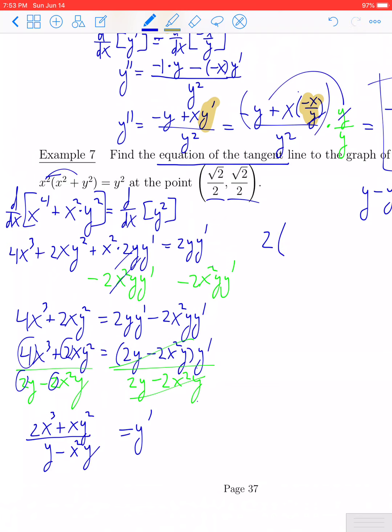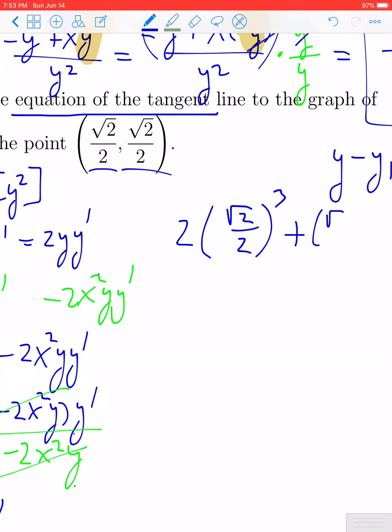So we're going to have 2 times the square root of 2 over 2 cubed plus the square root of 2 over 2 times the square root of 2 over 2 squared divided by the square root of 2 over 2 minus the square root of 2 over 2 squared times the square root of 2 over 2.